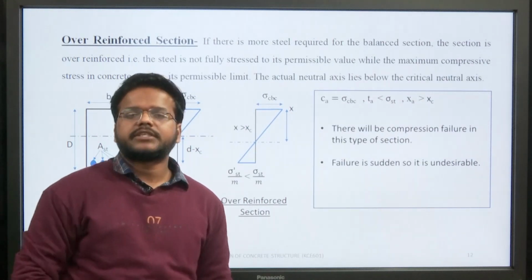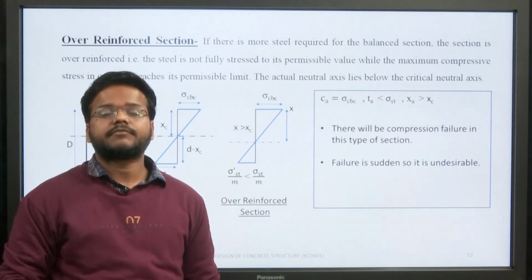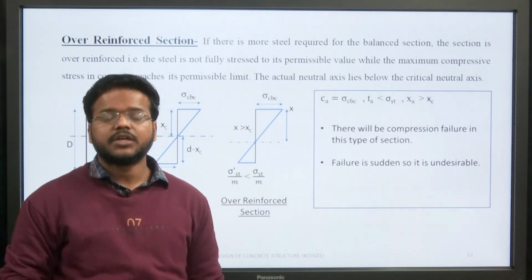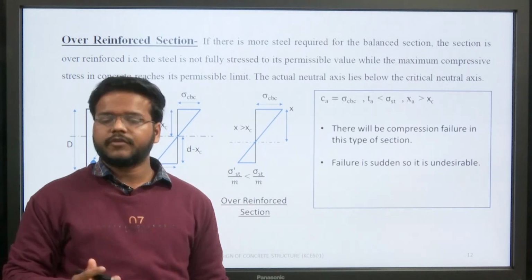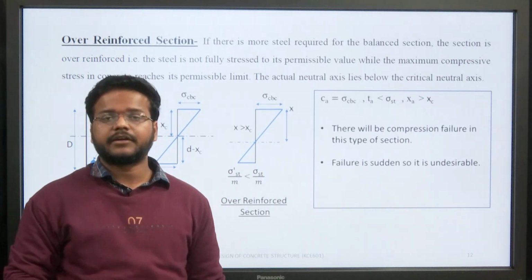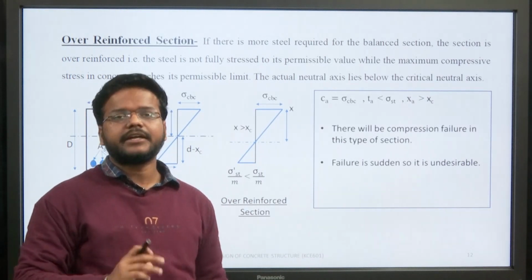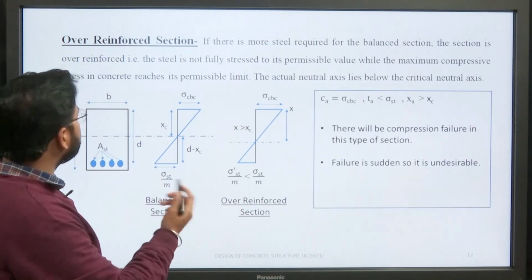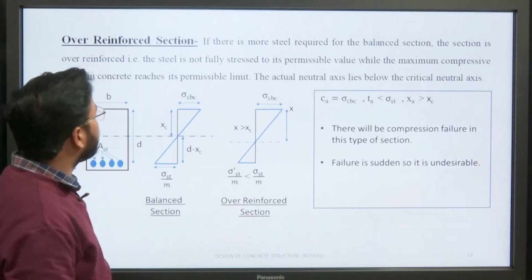The next very important section is the over reinforced section, where the stress in concrete reaches its limit value first, before the maximum permissible limit in tension, which means the concrete is going to fail. This type of section is termed an over reinforced section.